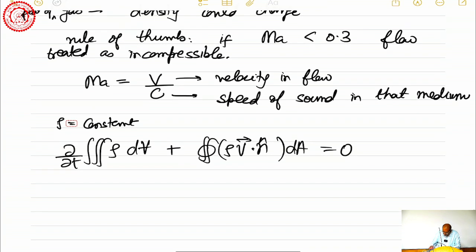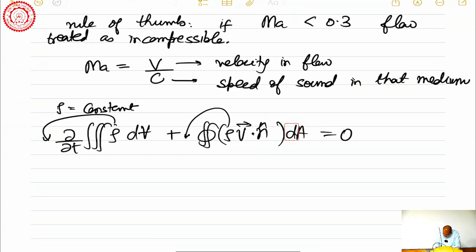If the control volume consists only of one fluid, we can pull rho out of the integral. So this becomes rho times.